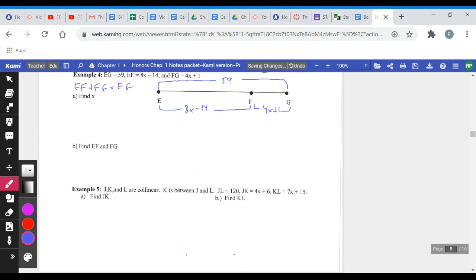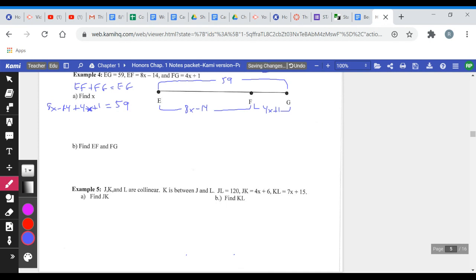Okay. From there, you can go ahead and start plugging in some of the algebra. So EF, I can see as 8x minus 14. Okay. FG is 4x plus 1. So I'm going to say plus 4x plus 1 is equal to the whole piece, which is 59.